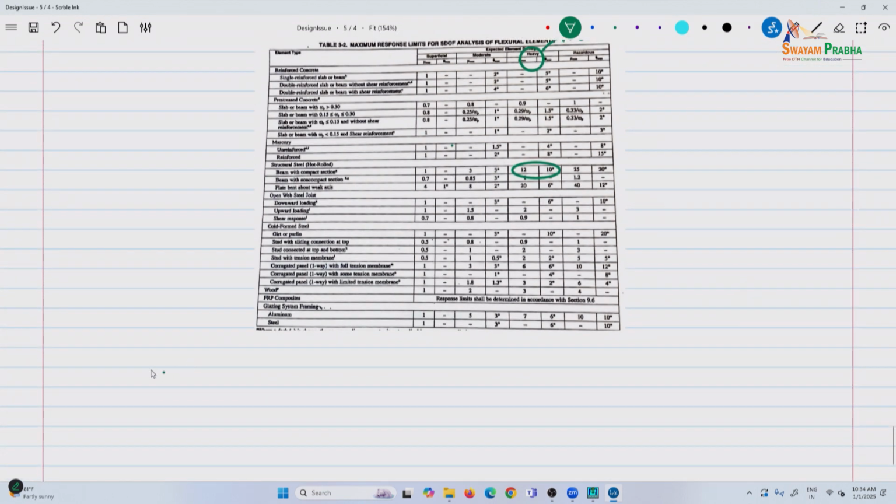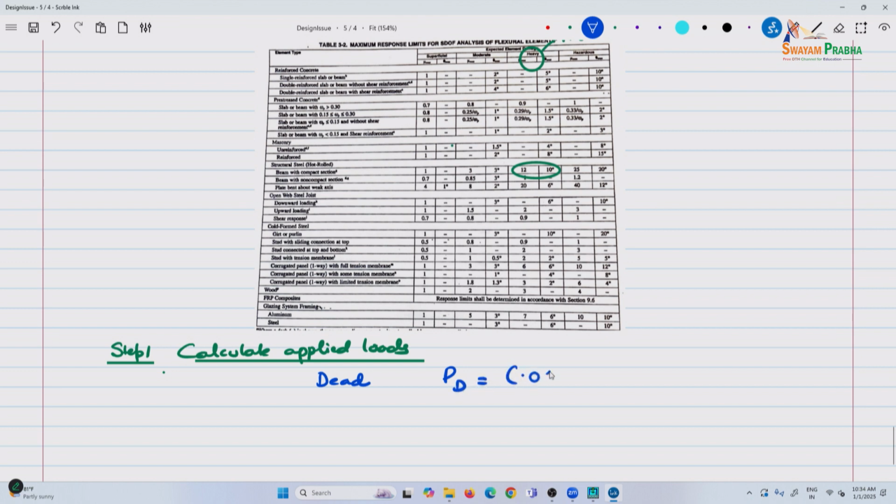So, first step is calculate applied loads. Same procedures, and so start with our dead load. The dead load, let us say PD is 87 pounds per square foot multiplied by 4 feet. So, this is 0.348 kips per foot.